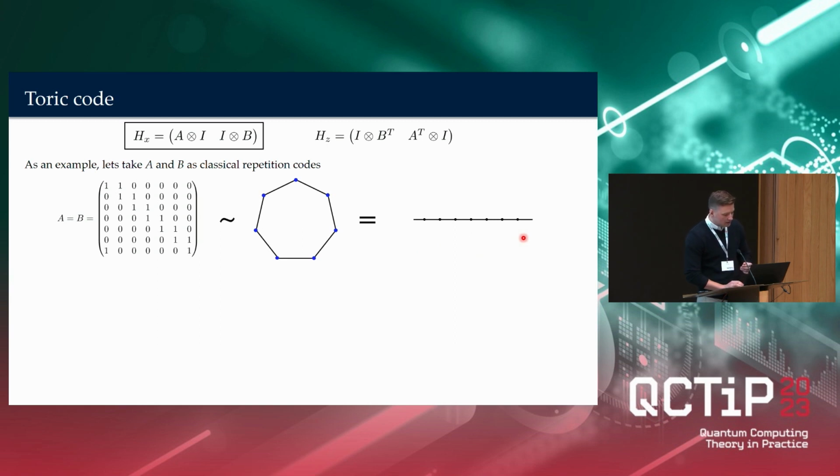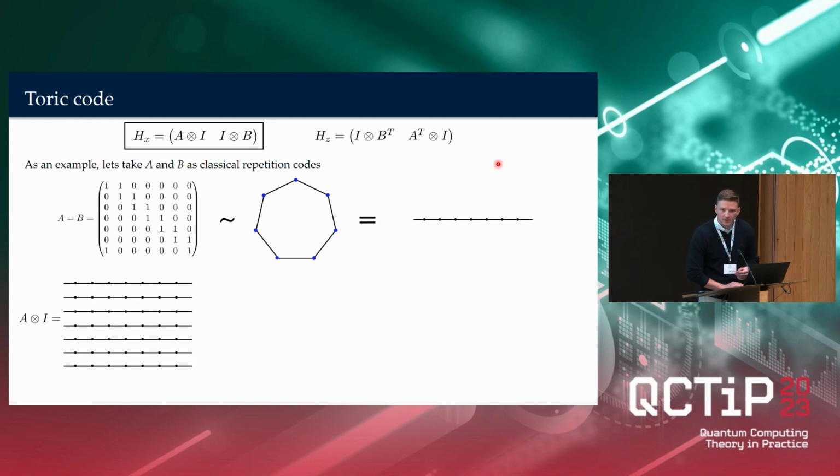And now let's take a look at the first parity check matrix that is detecting the phase flips. Here we have two different terms, so we're going to go through those two terms separately. The first one, we take this A code, so basically this straight line, and tensor it with identity, so we obtain something like this.